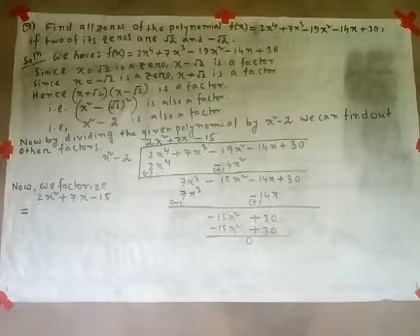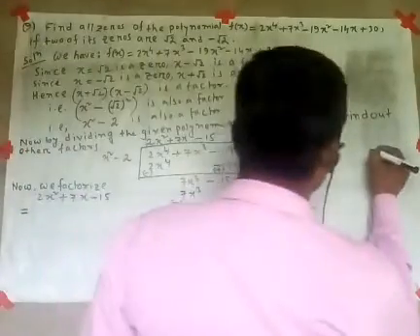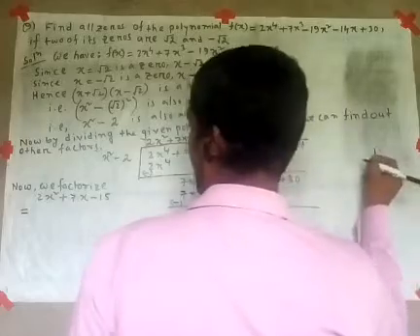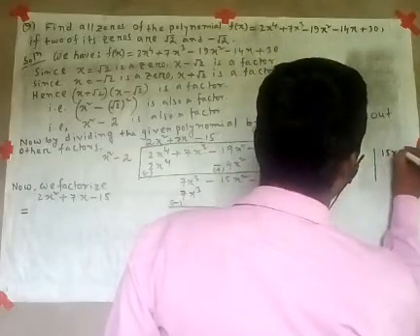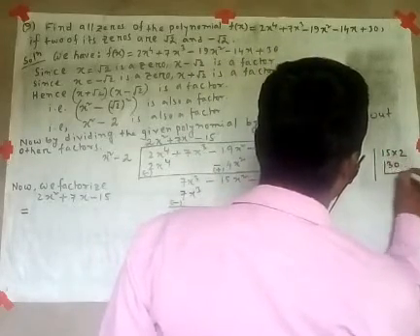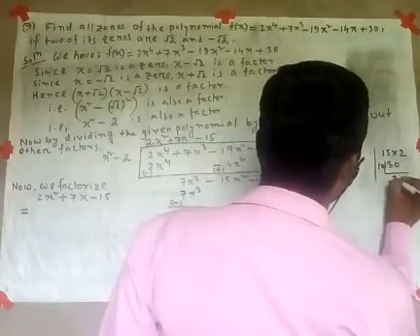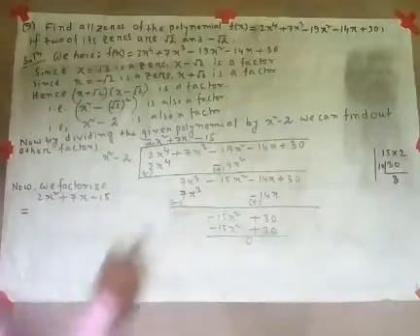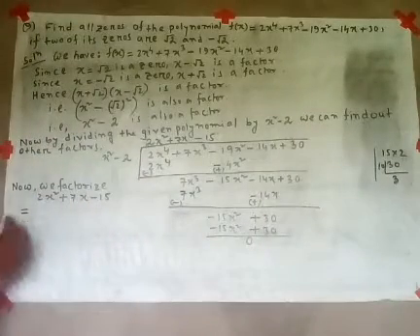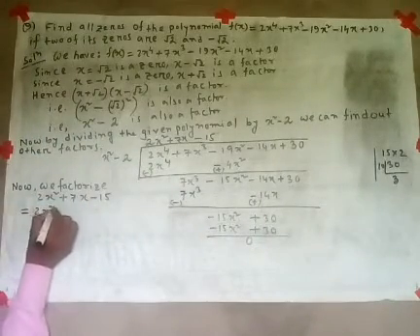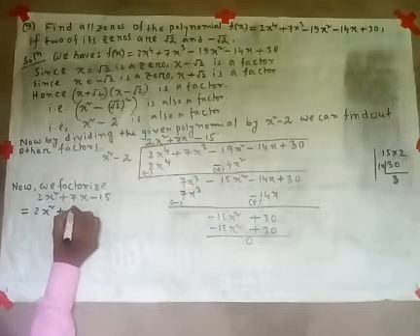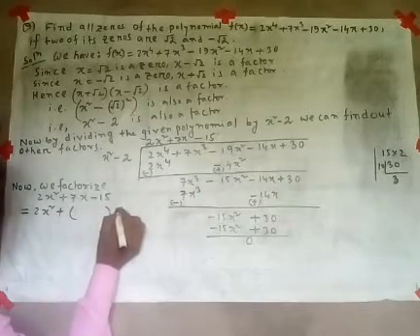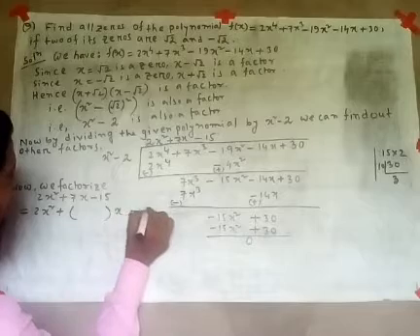15 into 2, how much? 30. If you take 10 into 3, 30. Like that. 2x square is 2x square, plus is plus, x is x, minus 15.